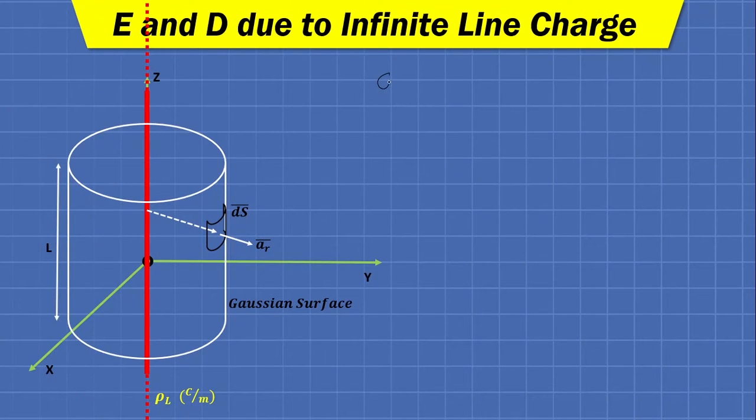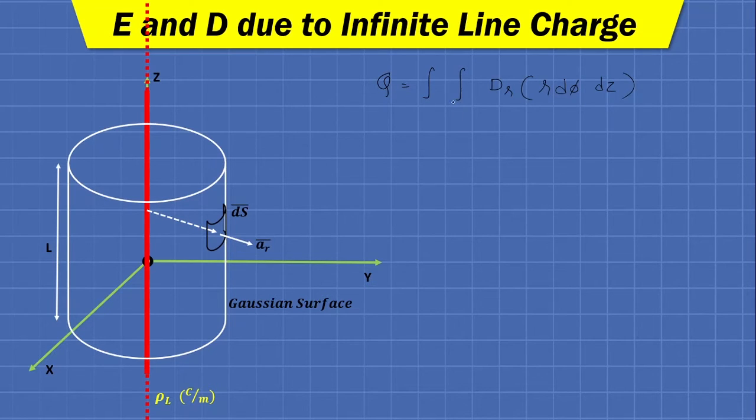Now our calculation will proceed like this. Dr multiplied by r, d phi dz.